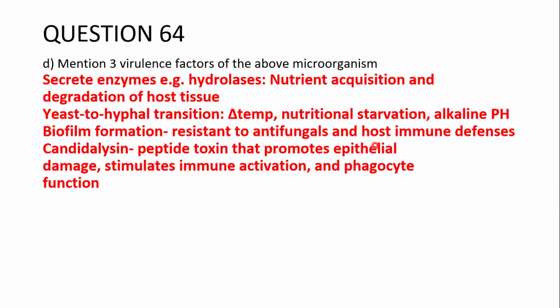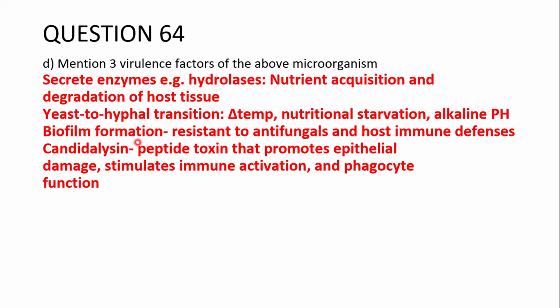Okay. And then virulence factors: it secretes enzymes like hydrolases for nutritional acquisition and degradation of host tissue. Yeast to hyphal transition. Remember, we mentioned it's dimorphic. So changes in temperature, nutritional starvation, and alkaline pH cause it to transform from a yeast to a hyphal form. Then biofilm formation, resistant to antifungals and host immune defenses.